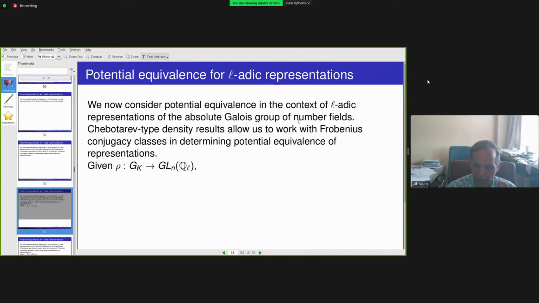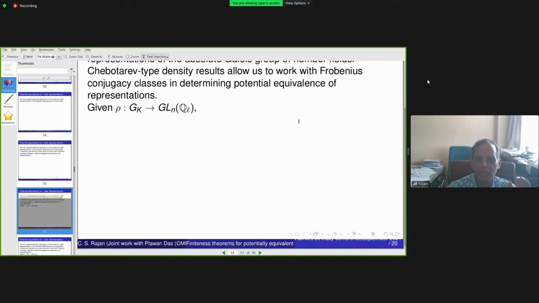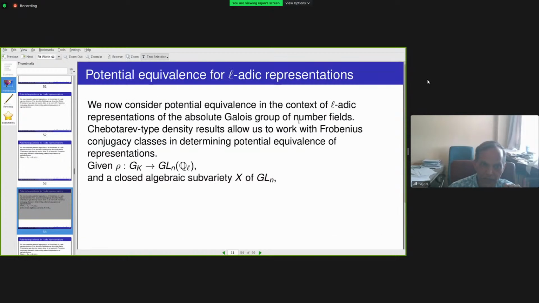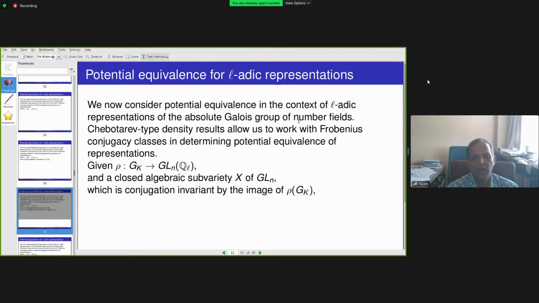This can be done if the conjugacy class is algebraically defined. So the conjugacy condition is a closed algebraic subvariety X of GL_m, which is also conjugation invariant by the image of rho of G_K.